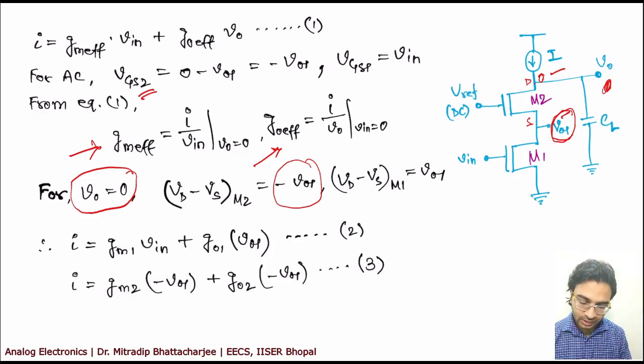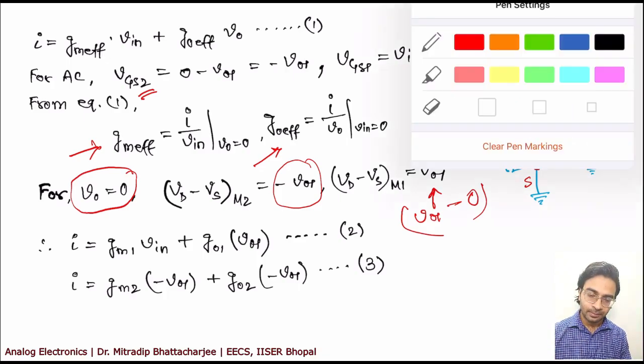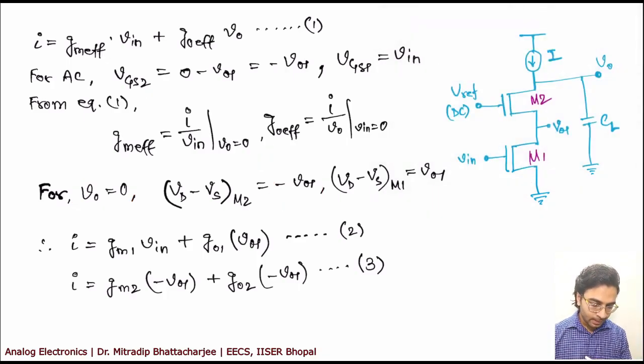Again same. This is D for M1, this is S. Now what is the value at D? V01. What is the value at S? 0. So ultimately you have V01. Clear? Let's progress.